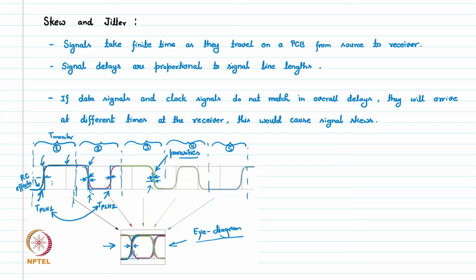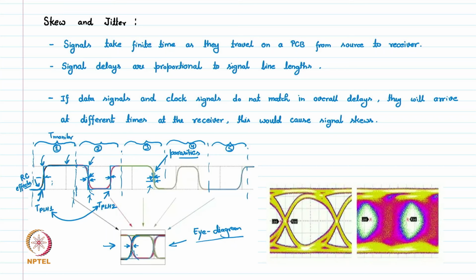This we can see in another example. For example, this is a good design where if we measure the delay by these black arrows, this is the overall delay.